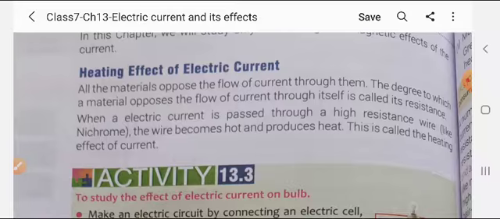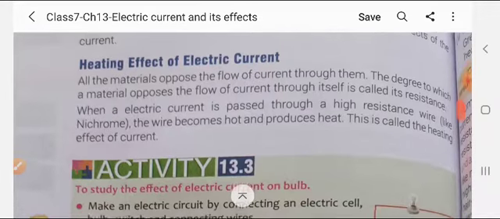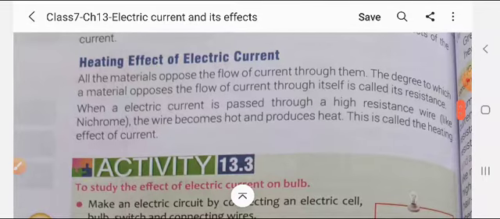Such a material can hold the electric current for a long time and converts it into heat. This is called the heating effect of electric current.